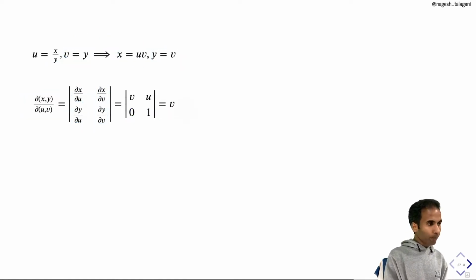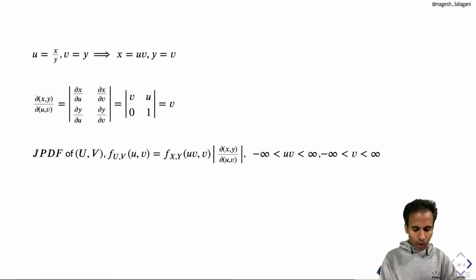Fine. Okay. Now let us write down the joint PDF of uv in terms of the joint PDF of xy and the Jacobian of this transformation. Now the joint PDF of uv at uv is equal to the joint PDF of xy at uv comma v times the modulus of the Jacobian, for minus infinity less than u less than infinity and minus infinity less than v less than infinity.